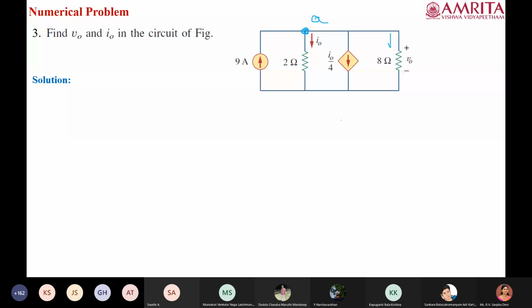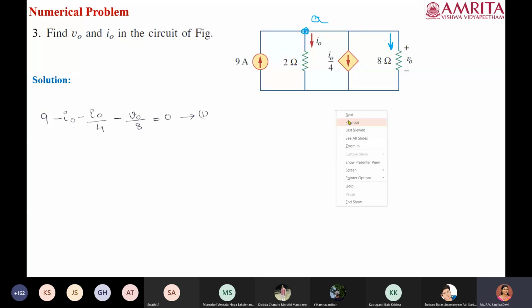So now we can easily write the KCL equation. How do we write it? Current entering a given node should be equal to the current leaving that particular node. Or we can take the current entering to be positive and current leaving as negative. 9 ampere is entering, so the entering current we take as positive and the leaving currents as negative.